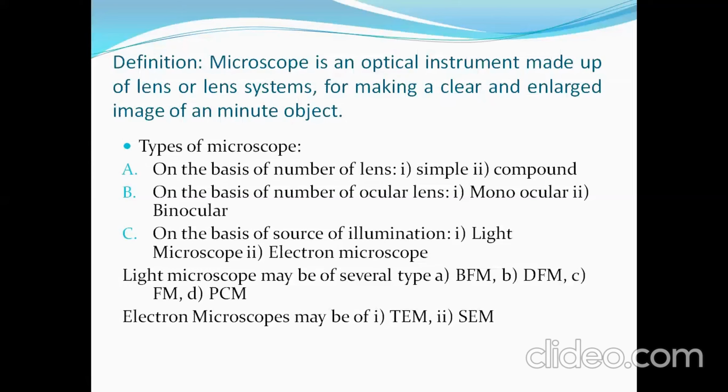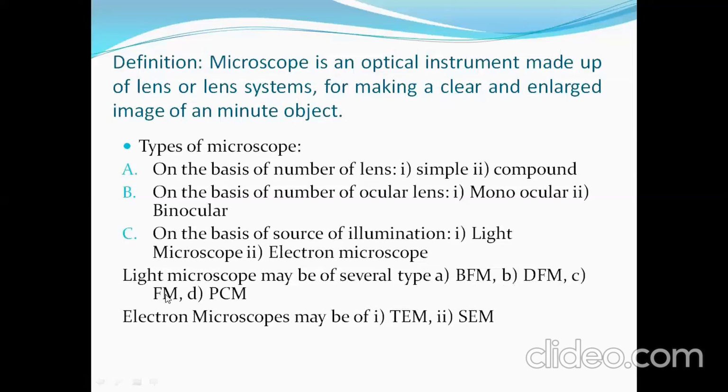Next one is the dark field microscope. From the name, it is again very clear: here the field is dark, whereas the specimen appears bright and illuminated. This is just the reverse.